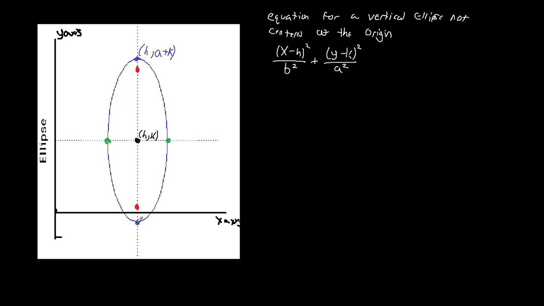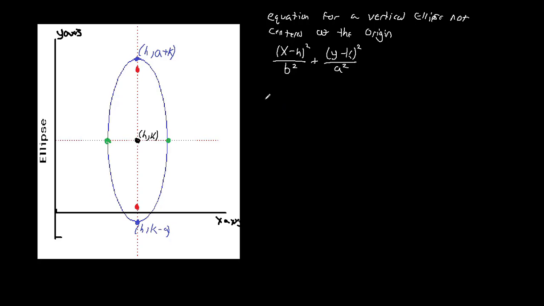So what about this one? Well, for this one in the y-axis, we have to go up k, and then we go back down a. So the y-coordinate of this is actually going to be k minus a, and then our x-coordinate is going to be h again.